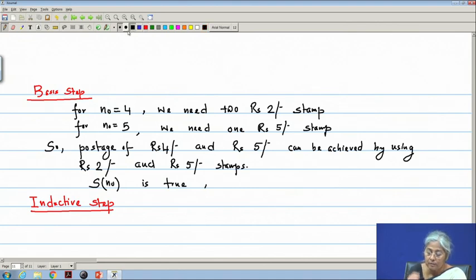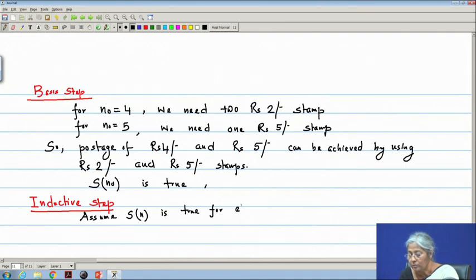So, assume Sn is true for all preceding statements, or all preceding values of n.